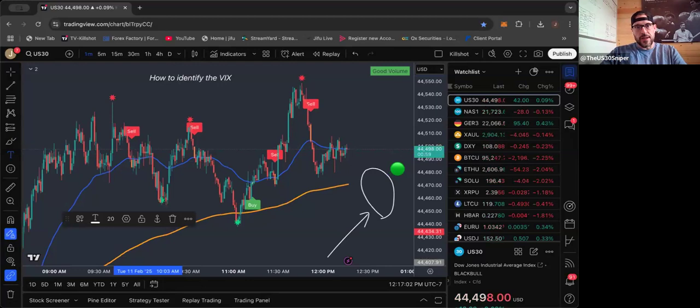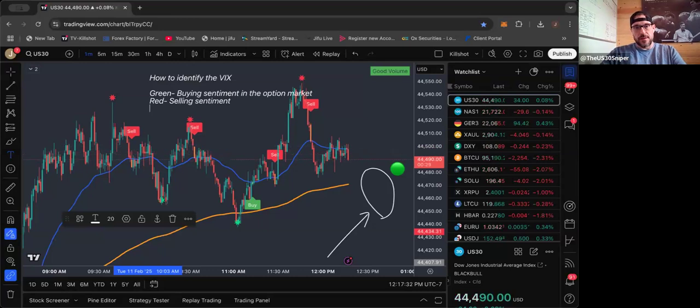It's going to have three colors. If it's blue or green, that's buying sentiment in the options market. If it's red, that's selling sentiment.